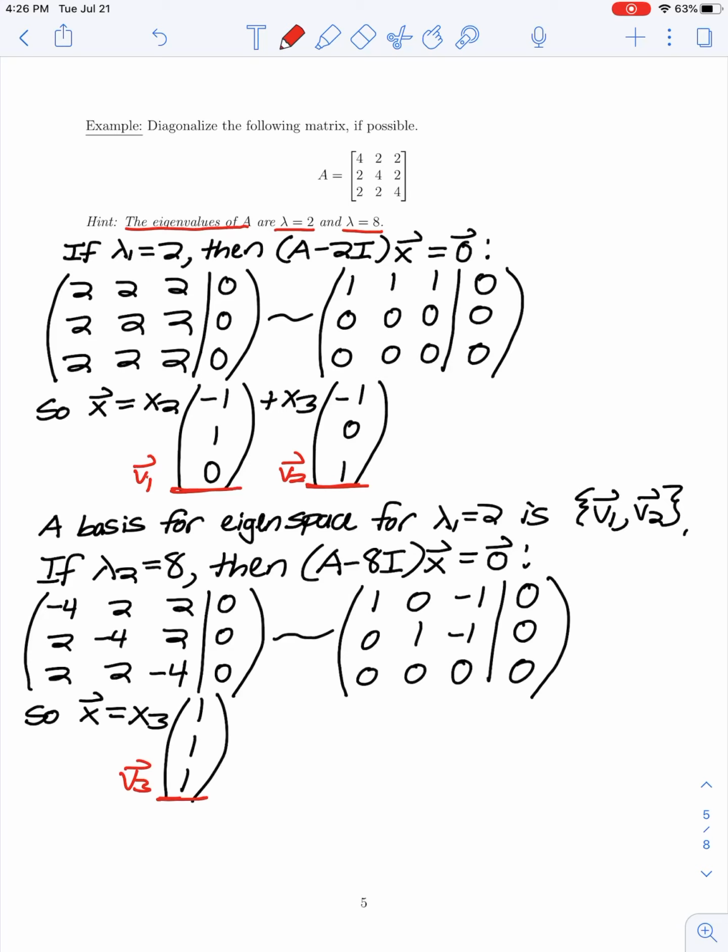Let's call this vector v3, which would be a basis for the eigenspace corresponding to lambda equals 8. So a basis for the eigenspace for our second eigenvalue, which was 8, is the set consisting just of v3. We've got a one-dimensional eigenspace there. Again, it's clear that v3 is linearly independent from v1 and v2, since none of these are scalar multiples of one another.